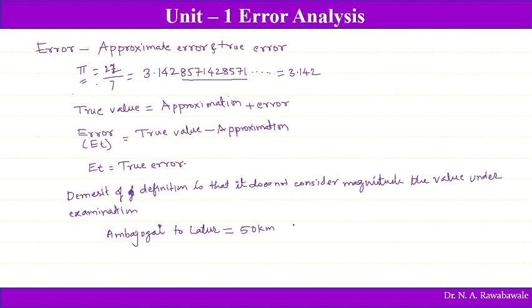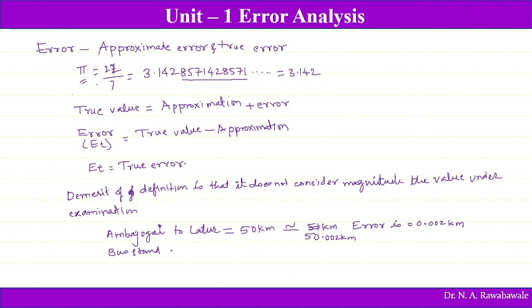And by mistake, the person measuring it measures 50.002 km. The error is 0.002 km.